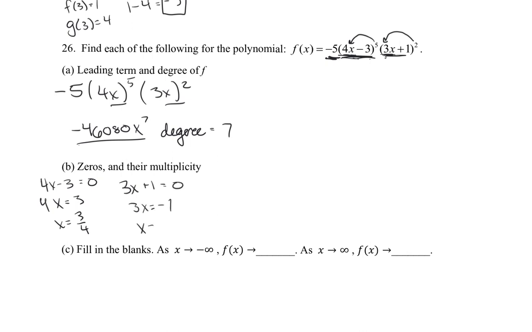Subtract that over, divide by 3, we get x equals negative 1/3. The first has a multiplicity of 5, that's the power on the factor, so the power on the root, and then x equals negative 1/3 has a multiplicity of 2.